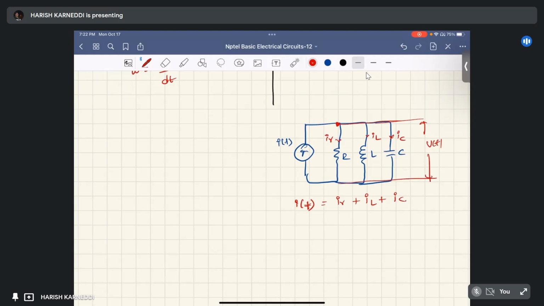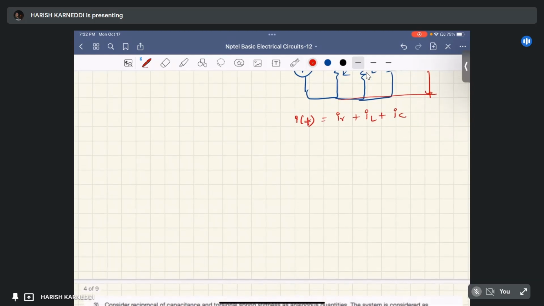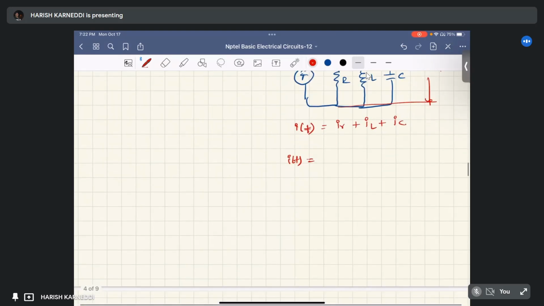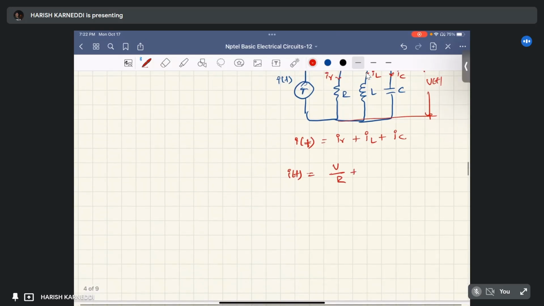These are all connected in parallel, so the voltage across the resistance, inductance and capacitance is the same, that is V of t. How can we write IR? From simple Ohm's law, IR equals the voltage across the resistor by resistance, that is V by R. And what about the inductor?